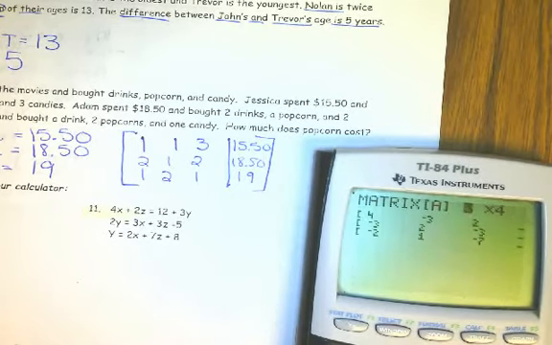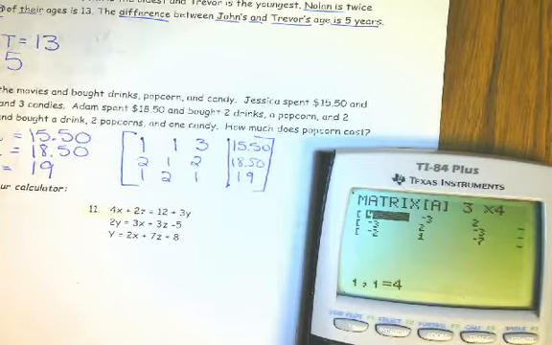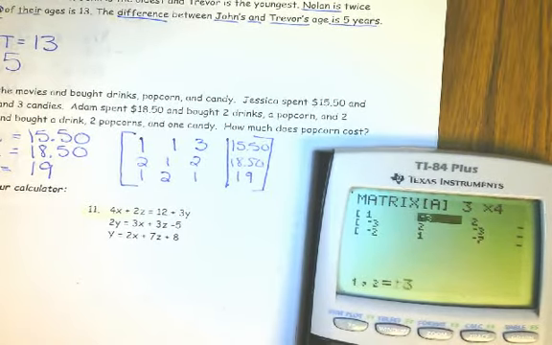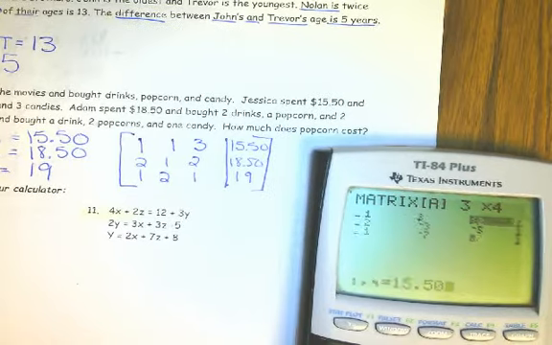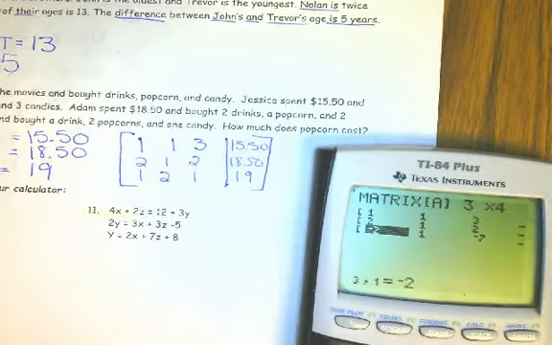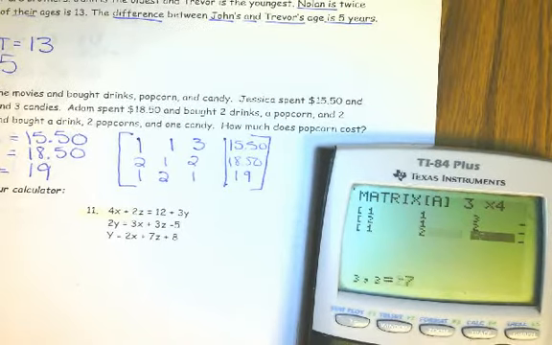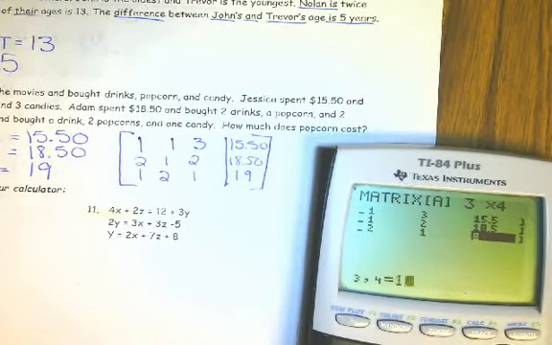You go over to edit, make sure it's a 3 by 4. Now I'm going to type over everything here. So 1, 1, 3, 15.50. And then I'm at 2, 1, 2, 18.50. And then I'm at 1, 2, 1, 19.